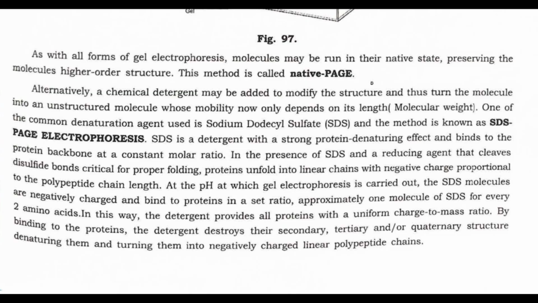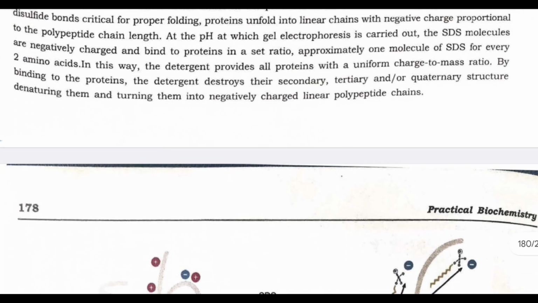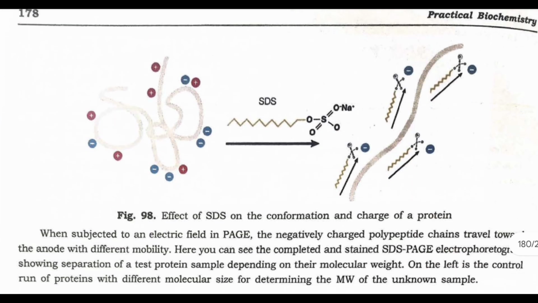By binding to the proteins, the detergent destroys their secondary, tertiary, and or quaternary structure, denaturing them and turning them into negatively charged linear polypeptide chains. Effects of SDS on the formation and charge of a protein.